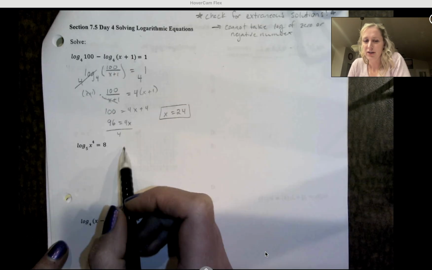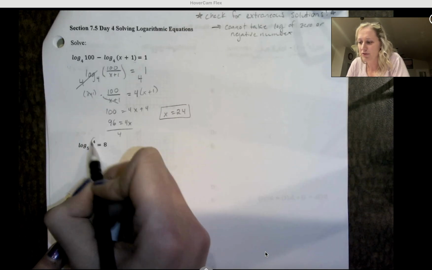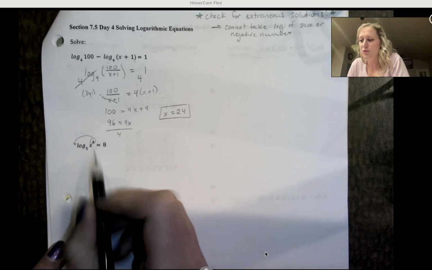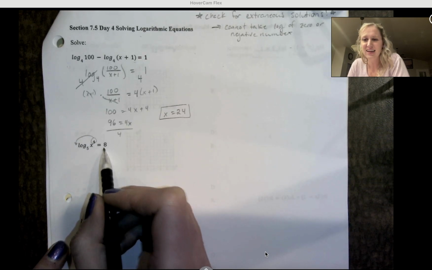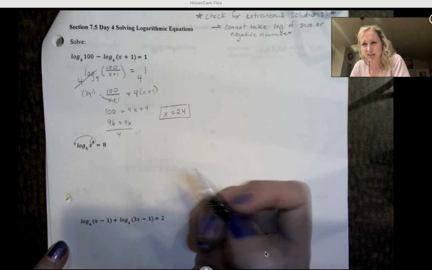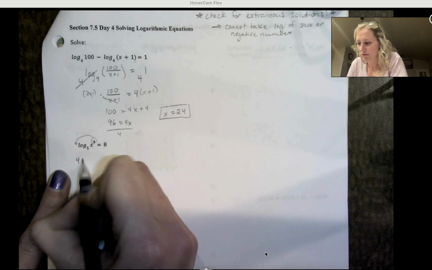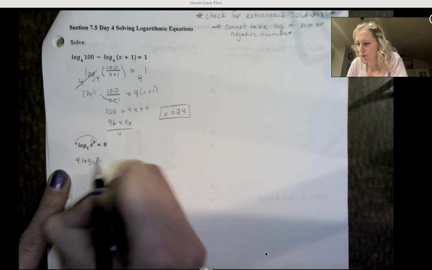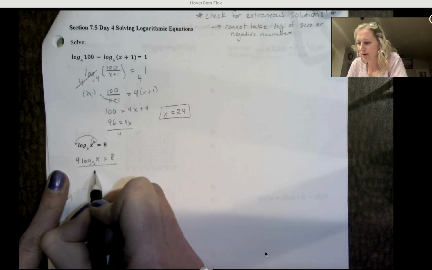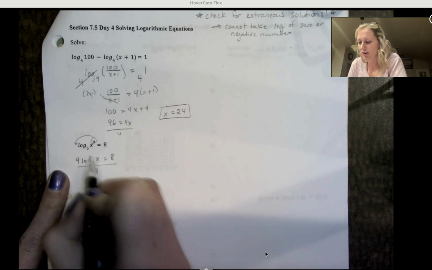Okay, this next one. I'm actually going to pull this 4 down in front, and the reason is because 4 goes into 8, and it's easier to divide by 4 than taking the fourth root a lot of times. So I'm going to pull that 4 down in front, and now I can divide by 4 to get the log expression by itself.